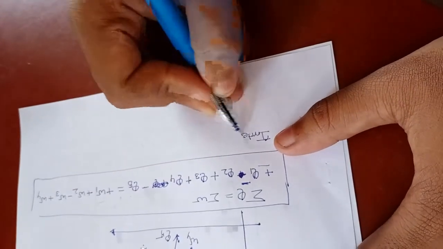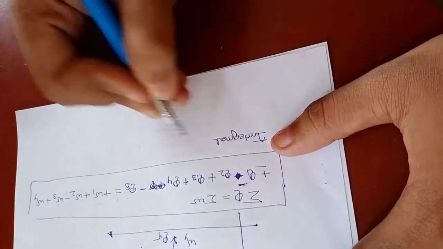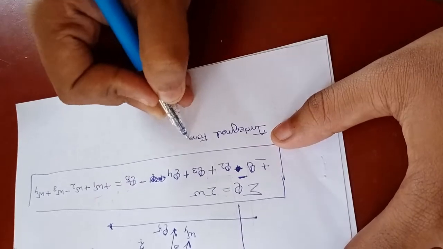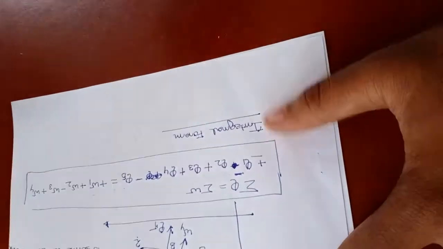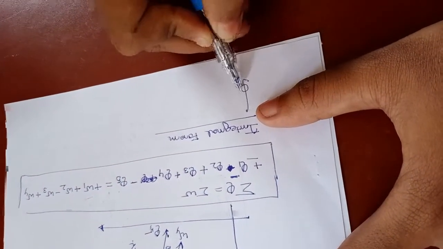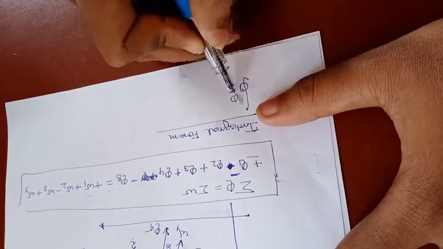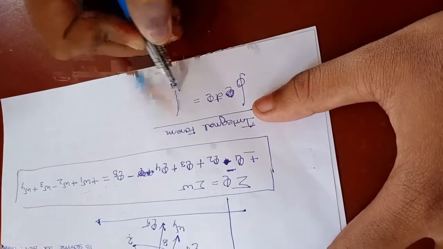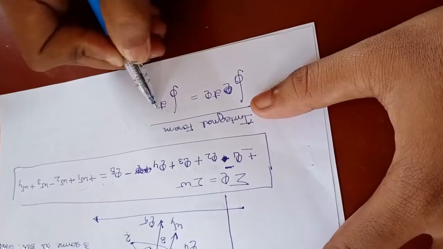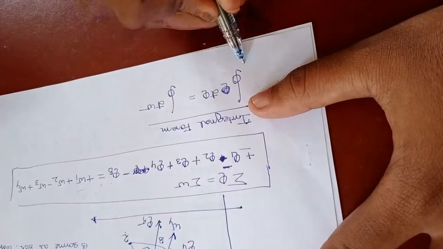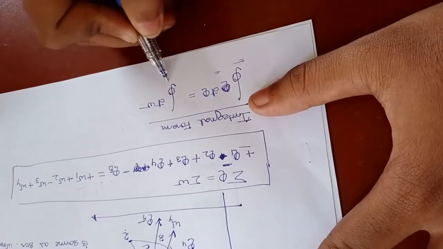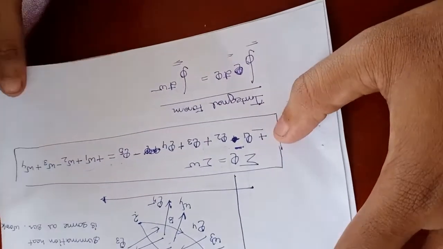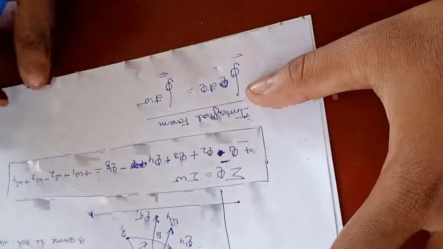In the integral form, you can write it as cyclic integral of dq is the same as cyclic integral of dw.